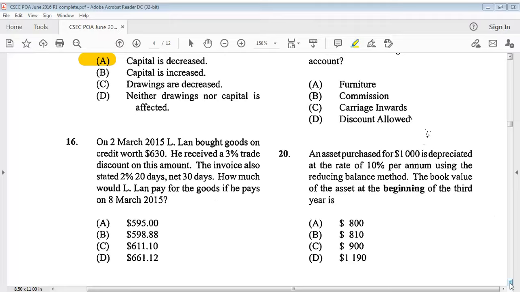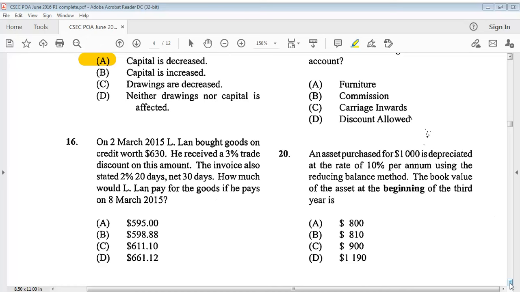All right. So what do we have to do? First, we would have to find 3% of $630, and you're going to get $18.90. Then you deduct that $18.90 from the $630, and you should get $611.10.